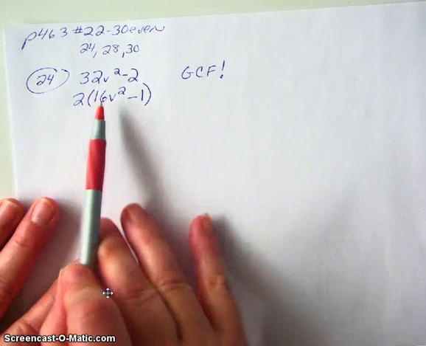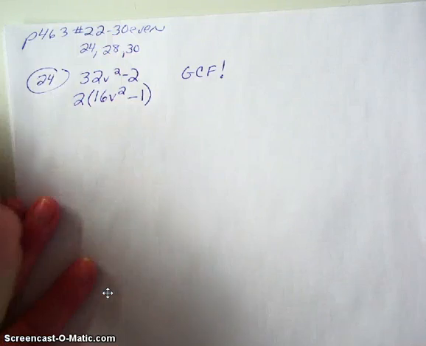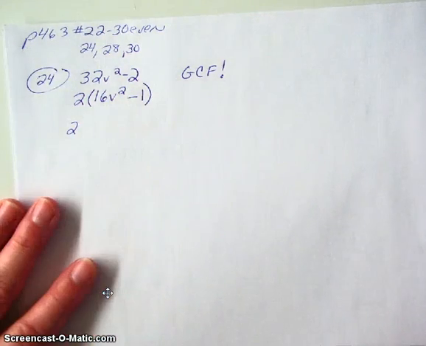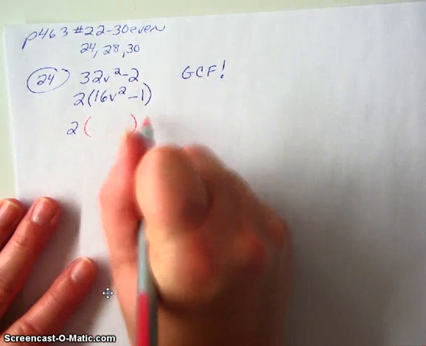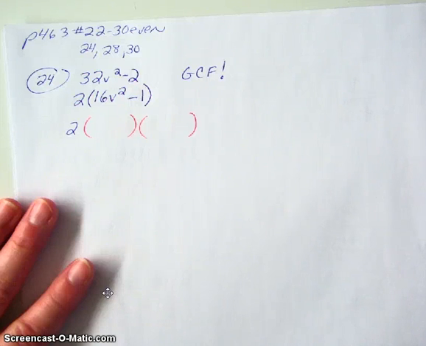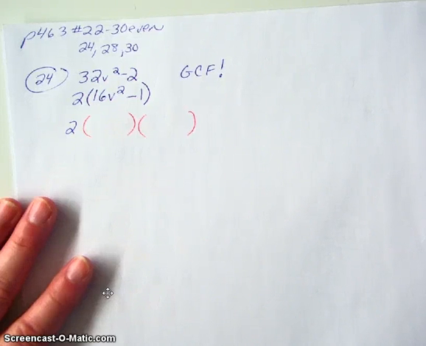This problem only has 2 terms inside the parentheses, okay? So you're going to bring this 2 down, and then you're going to do a method to factor polynomials with 2 terms. I'm not going to finish this problem for you. I want you to look back into your notes and figure out how to finish that.